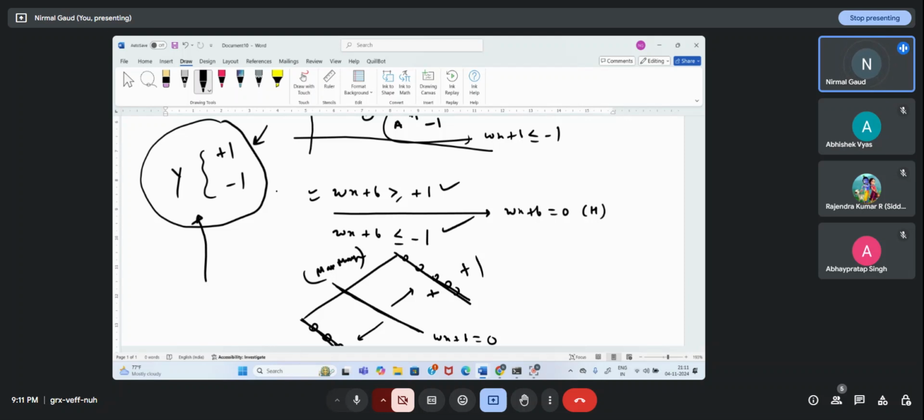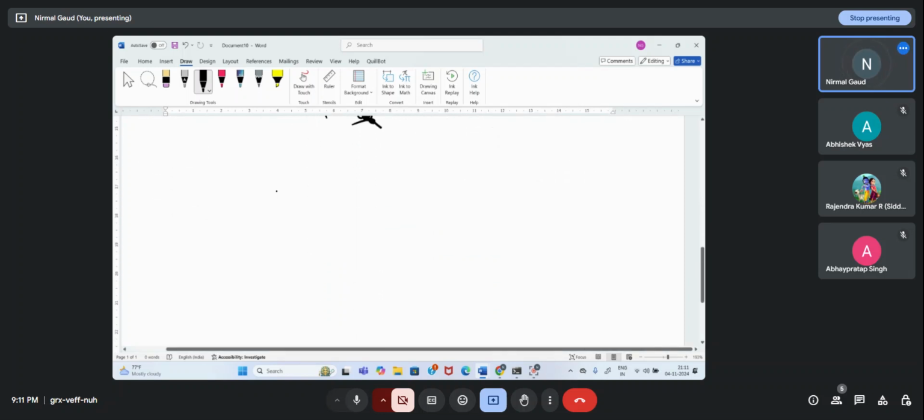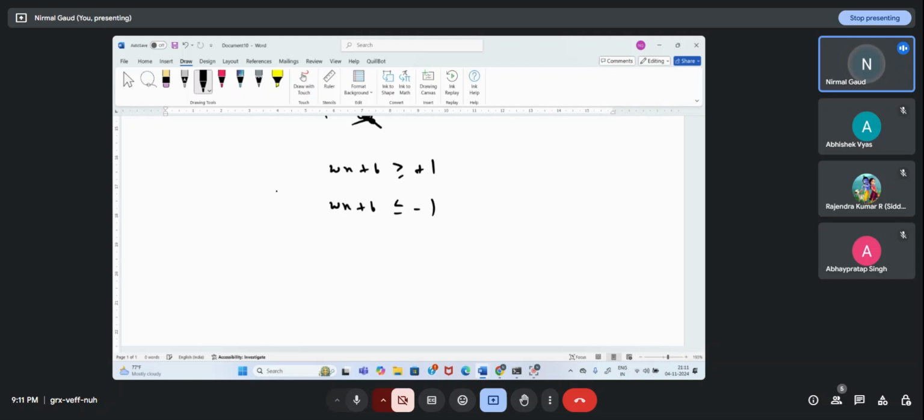So I have these equations: wx plus b greater than or equal to plus 1, and wx plus b less than or equal to minus 1, where y is equal to plus 1 and y equal to minus 1.